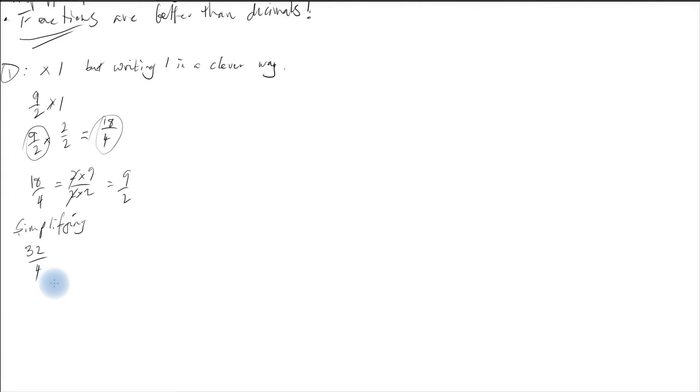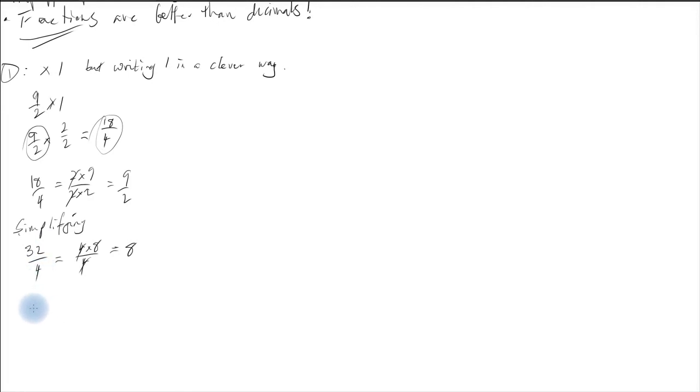With 32 over 4, you know that 32 can be written as 4 times 8, and 4 is, of course, just 4. So the 4 and the 4 cancel, they're 1, and we get 8. In this case, simplifying this fraction was the same thing as evaluating it, and you got 8. That's also the same as 32 divided by 4.